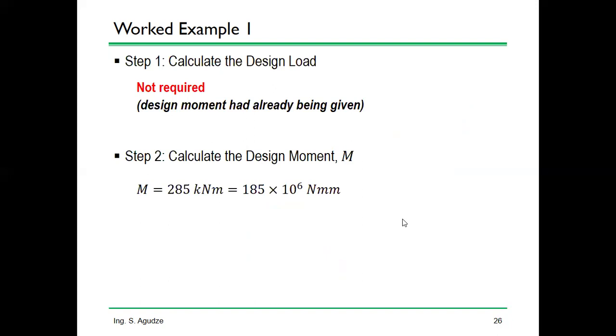Now, step 1, you calculate your design load. Well, you see that in this problem, we have been given the design moment. So we don't even need to calculate any design load. Then we move to step 2, calculate the design bending moment. Again, the design moment had been given, so we will just state it here, 285 kilonewton meter.